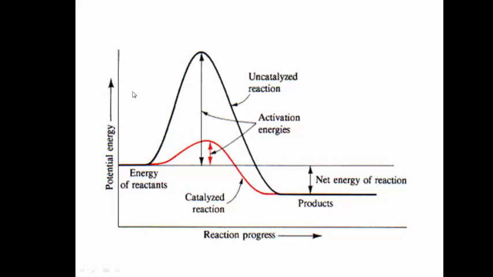So basically what this is saying is that in order for this reaction to occur, we have this big hump of energy that we have to get over first. When there's no enzyme, this is a really big hump of energy we have to get past in order for this reaction to proceed. But if we have an enzyme present, it's just a little bump of energy that we have to get past. So you can see how the enzyme would make it a lot easier for this reaction to occur. The enzyme has lowered the activation energy for this reaction.